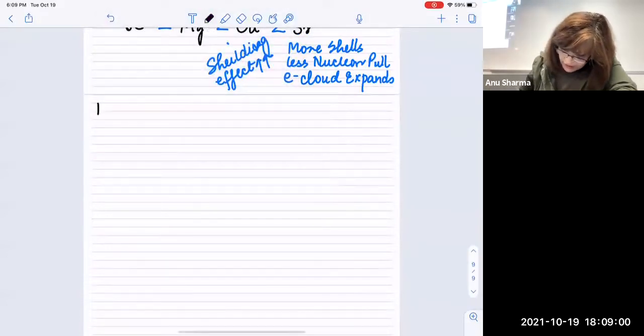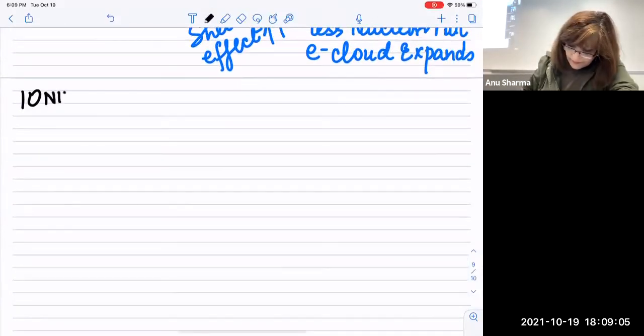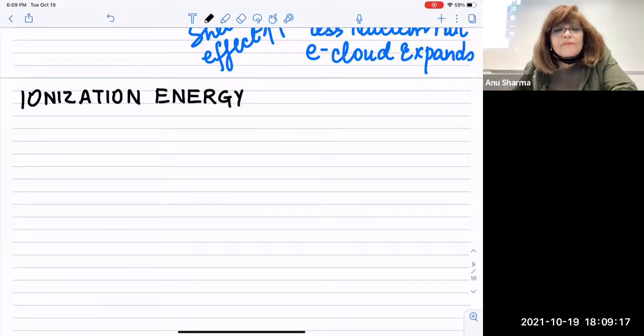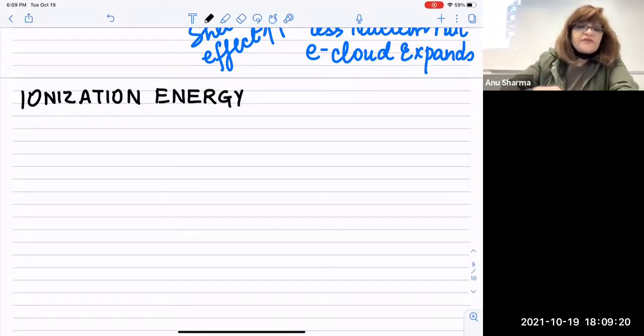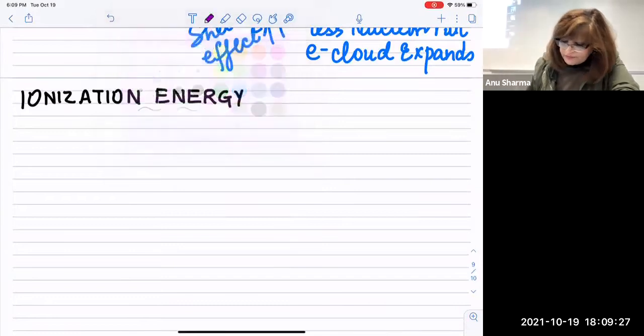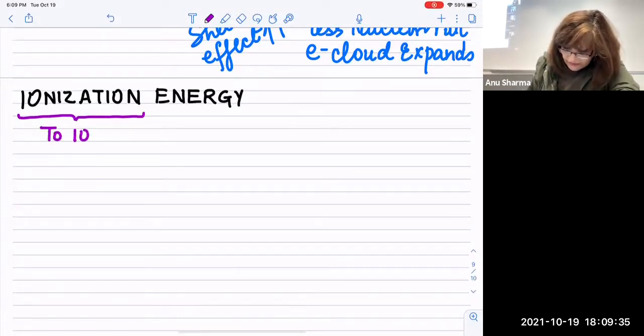Ionization energy. Okay, this is an older term, ionization. Ionization means to ionize.